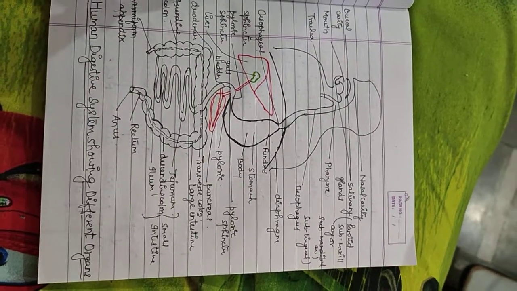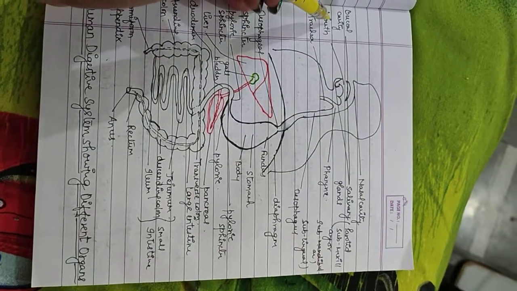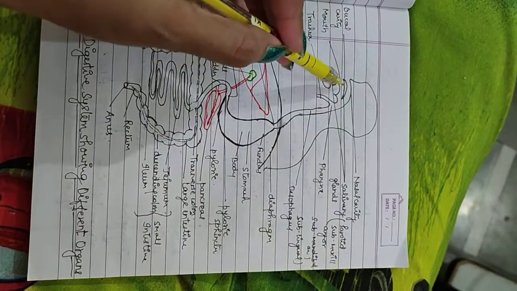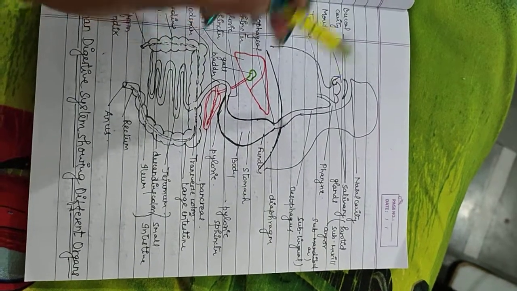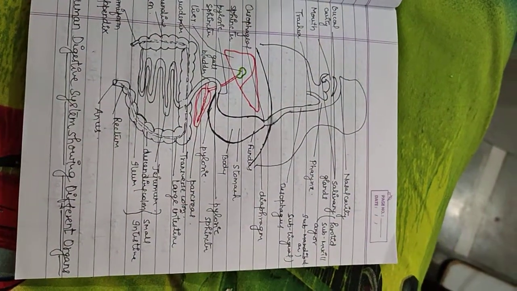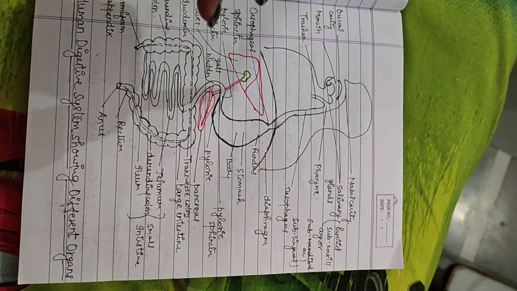First of all, we start from here. This is the buccal cavity, the mouth, and digestion itself starts from the mouth only, and I will give you the detailed process in the second video.